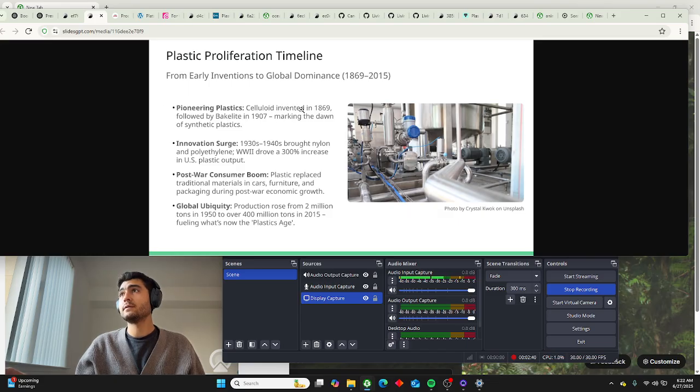So celluloid was invented in 1869, followed by bakelite in 1907, and the 1930s and 1940s brought nylon and polyethylene, like we said. After World War II drove a 300% increase in US plastic output. Post-war consumer boom: plastic replaced traditional materials in cars, furniture, and packaging during post-war economic growth.